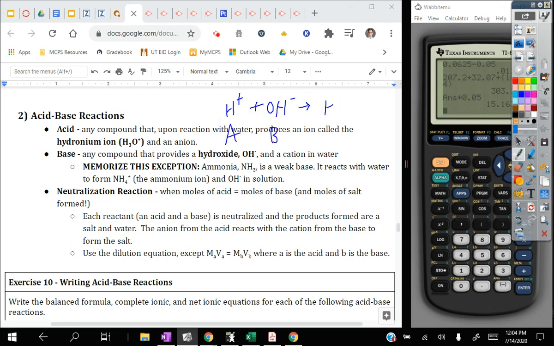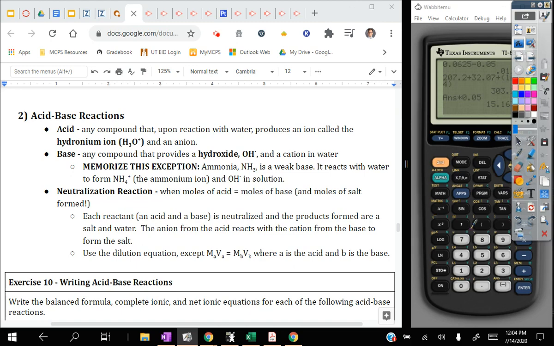When they come together, they form HOH, or if I rearrange that formula, H2O. So they form water, and then their anions and cations react to form a salt, or an ionic compound. The anion from the acid reacts with the cation from the base to form our salt.